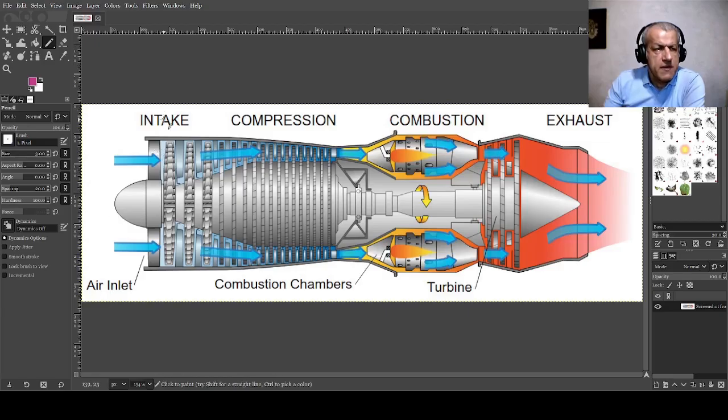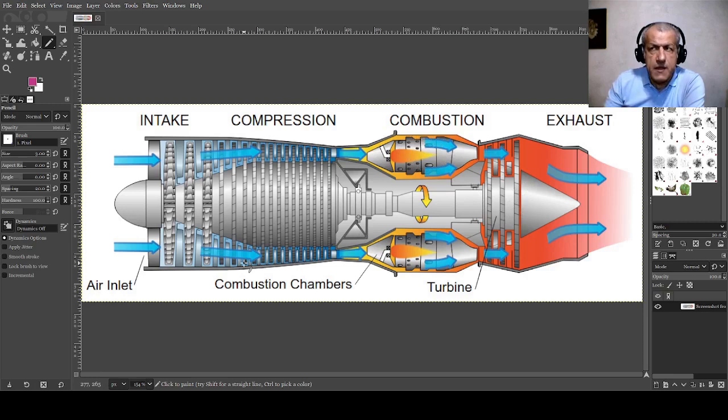Now, this is a very simple view of a gas turbine. This is the compressor, this is the combustion chamber, this is the turbine. Compression happens here, heating happens here, and expansion is in the turbine.